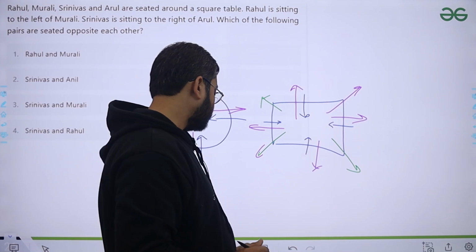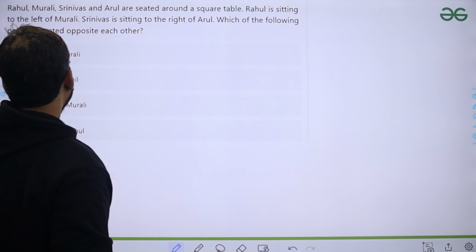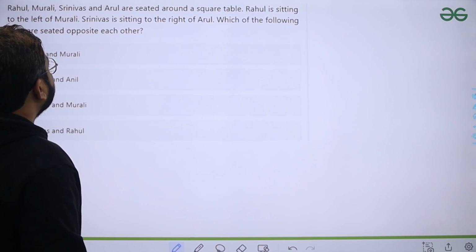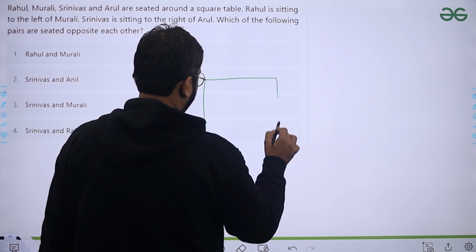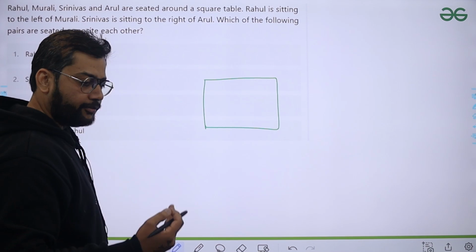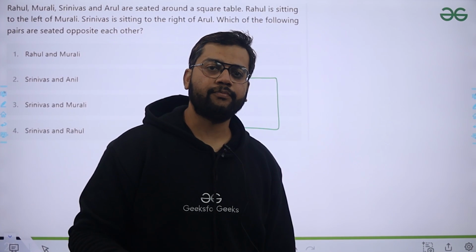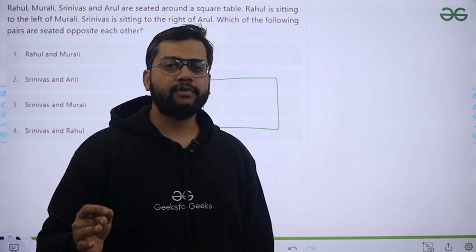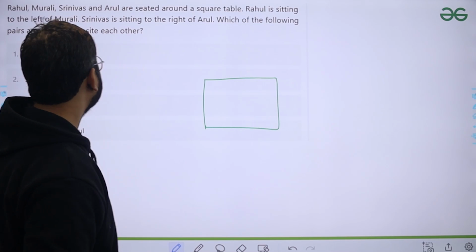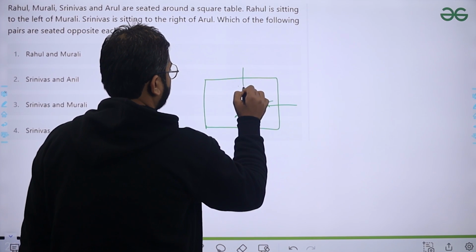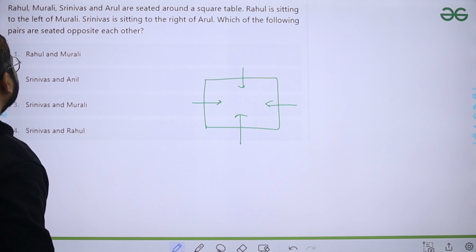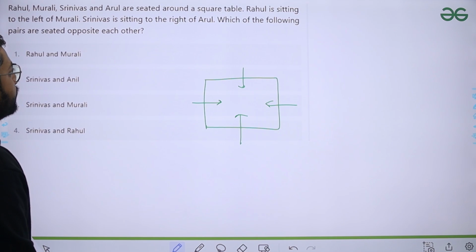Now, as per the question, Rahul, Murli, Srinivas, Arul are sitting around the square table. If nothing is mentioned, then by default we assume they all are facing towards the center. So we have 4 people sitting facing the center. Rahul is sitting to the left of Murali.